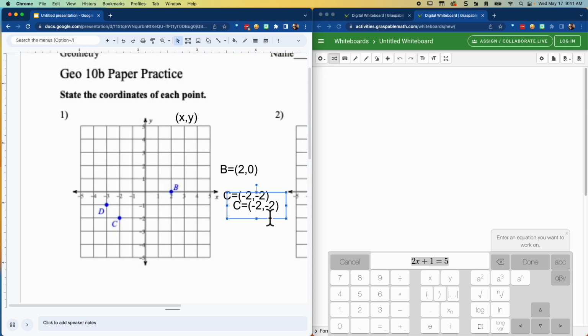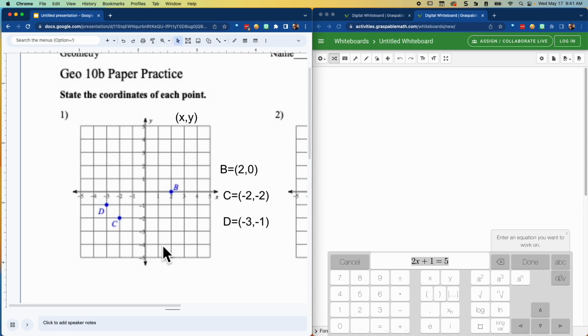And let's do another one for D. And D is going to be at the x, the left and right direction, at negative 3. And for the y value, again, we're also negative, but this time it will be negative 1. We're only going down 1 from the axis.